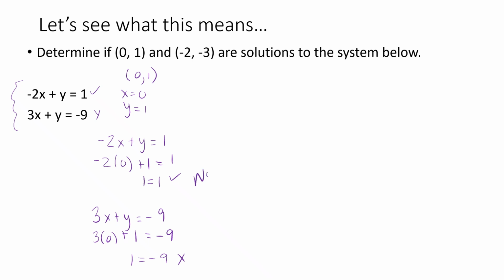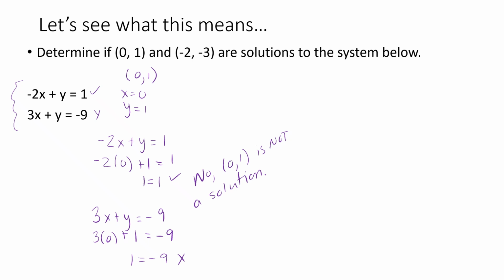And so no, (0, 1) is not a solution to the system. Now, you could say it's a solution to the first equation, so that point (0, 1) makes that equation true. If I were to graph that, the point (0, 1) would be on that graph, so kind of file that information away. But it does not make the other equation true, so it's not a solution to the system.